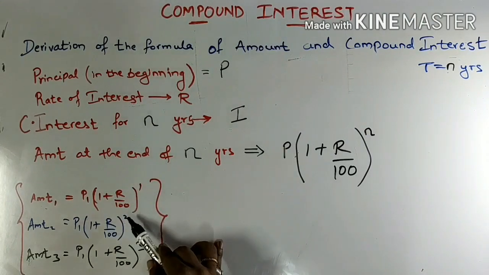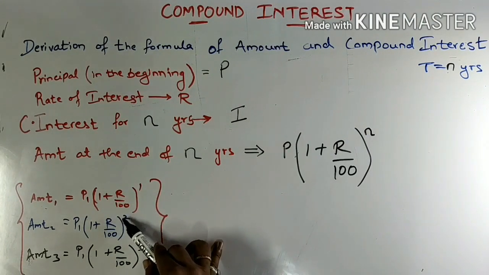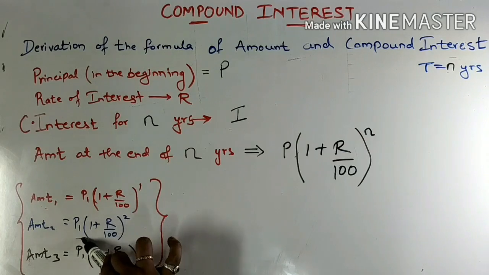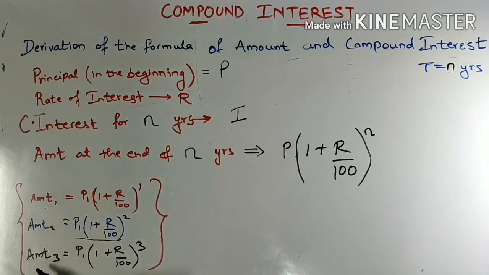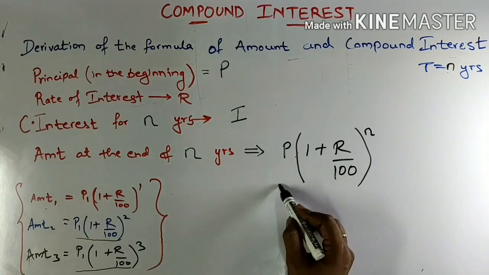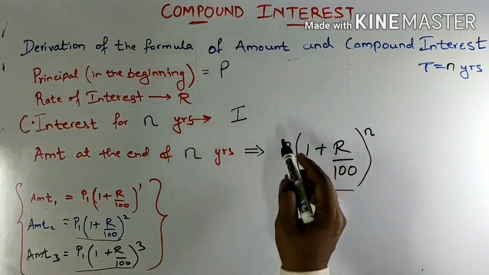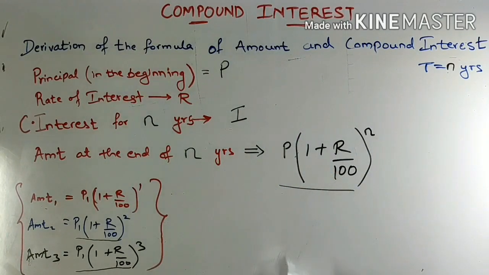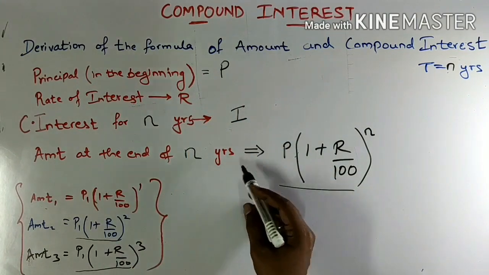Amount at the end of second year was this base raised to the power 2. Amount at the end of third year was this base raised to the power 3. So likewise, amount at the end of n years will be this base raised to the power n. So this becomes my formula for amount at the end of n years.